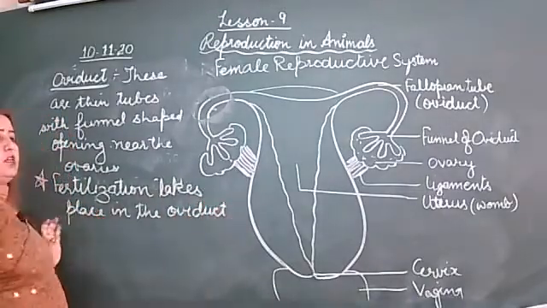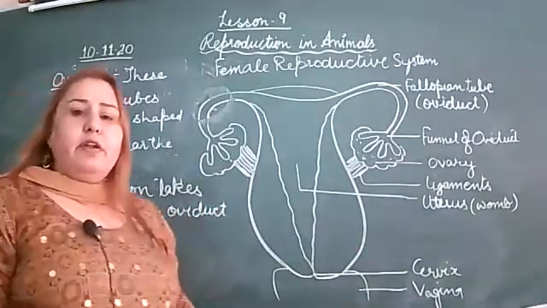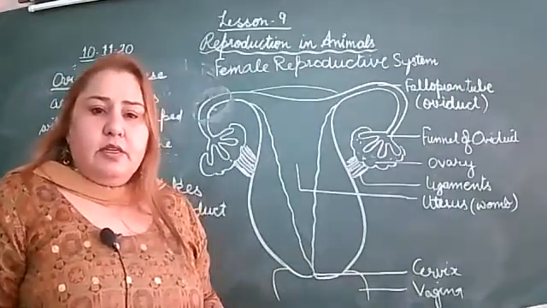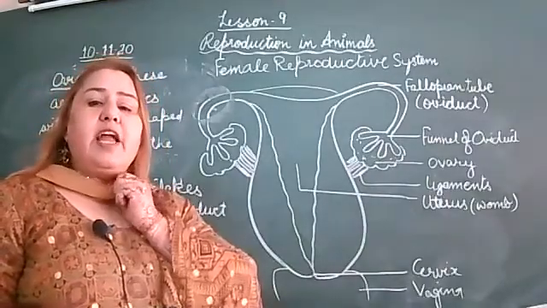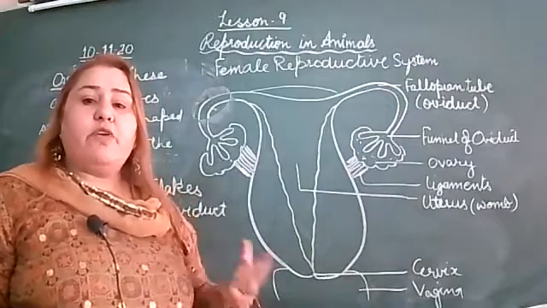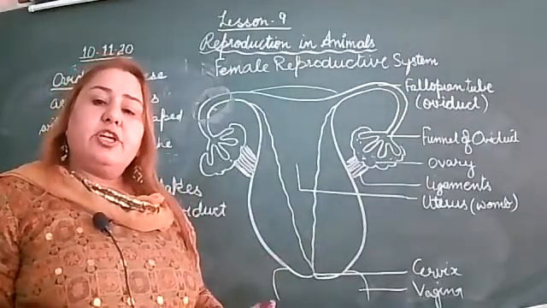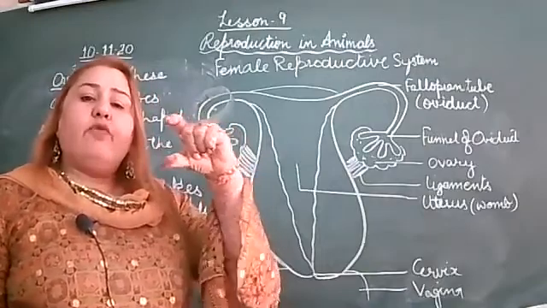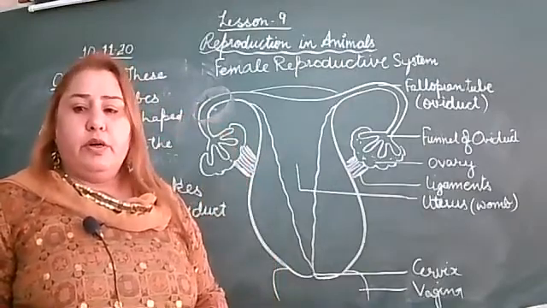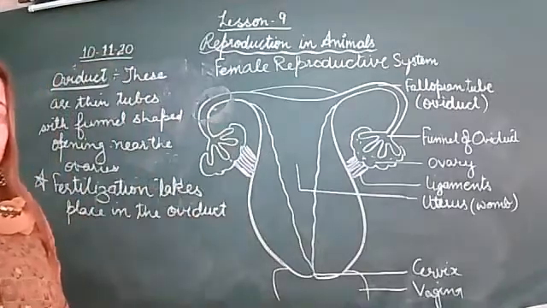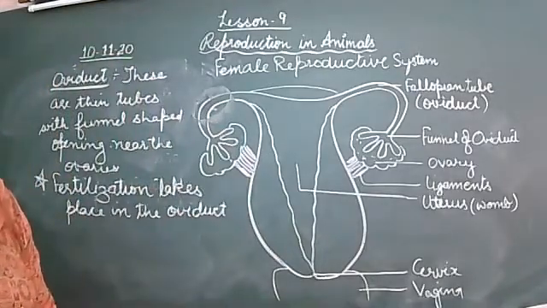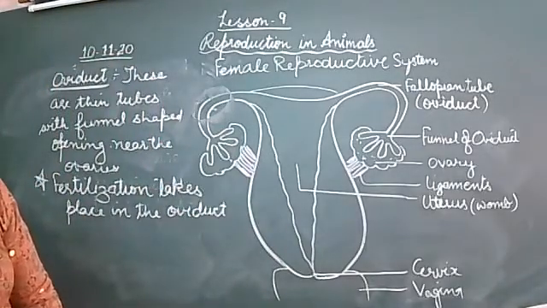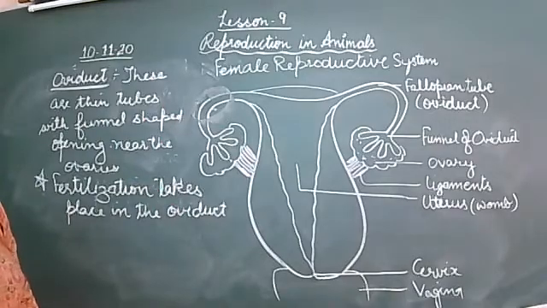Question can become like this: name the site where the fertilization takes place. So what you will write down? Fertilization takes place at the oviduct or the fallopian tube. Site of fertilization is oviduct or the fallopian tube.